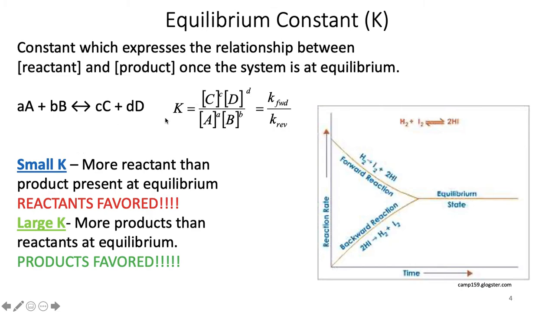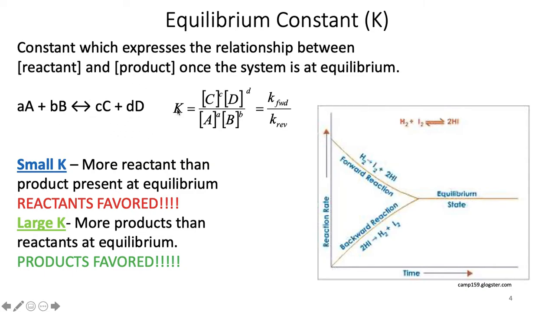Now notice that the value of K does not tell us anything about how fast the reaction reaches equilibrium. That is a different part of chemistry that studies the rate of reactions. That's called kinetics.